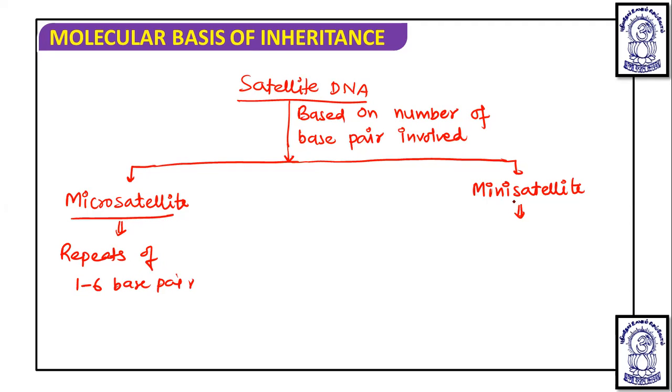But in minisatellite, the repeats are longer, 11 to 60 base pairs. And this minisatellite is used in DNA fingerprinting.